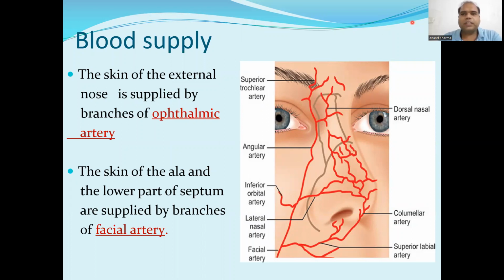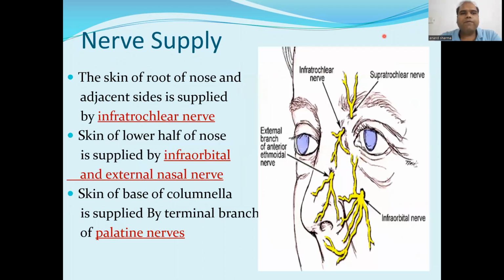Now we will discuss the nerve supply of the external nose, that is the skin. The skin over the root of the nose is supplied by the infratrochlear nerve, and the lower half of the nose is supplied by the external branch of anterior ethmoidal nerve and infraorbital nerve.